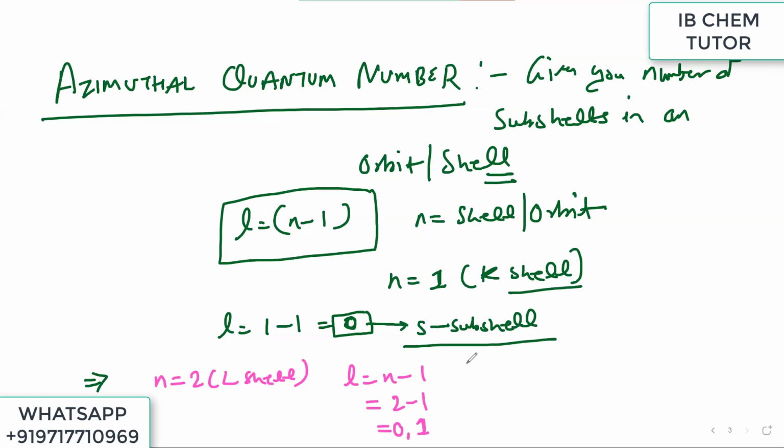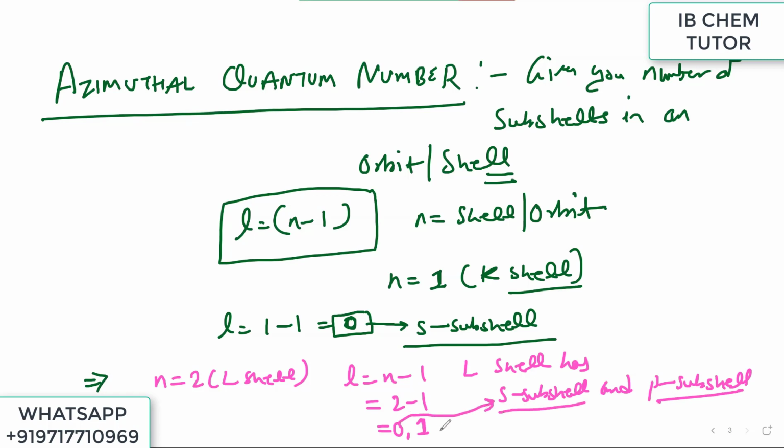So it means this L shell has S subshell and P subshell. So this 0 stands for S subshell and this 1 stands for P subshell, right?